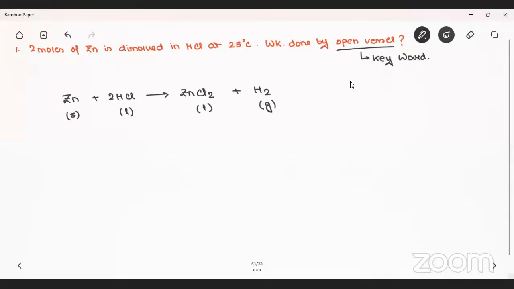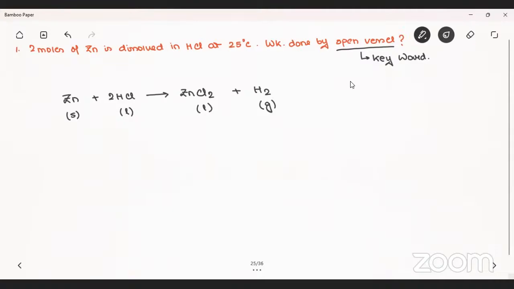You can ask me, ma'am, in the exam how will I know this? These are quite basic formulas which you have to remember. Today in the WhatsApp group, I will give you a list of basic formulas. If you remember those, you will be able to solve.